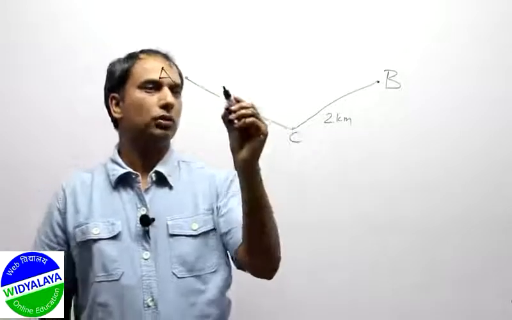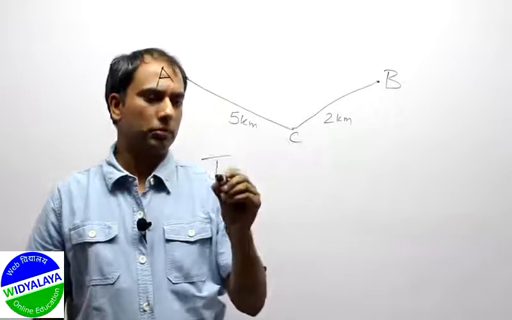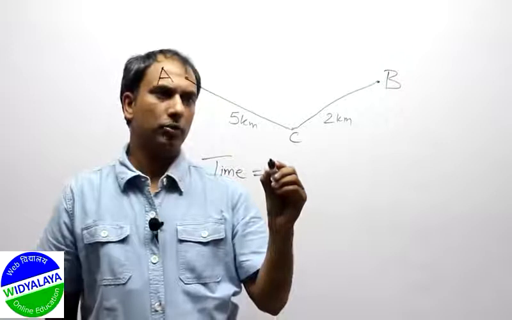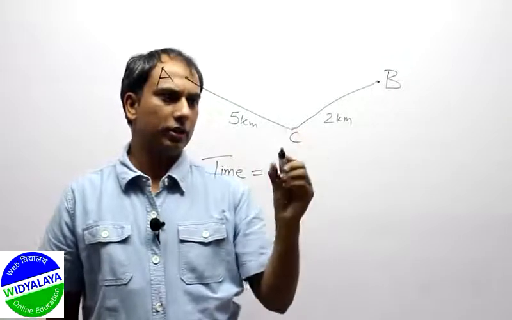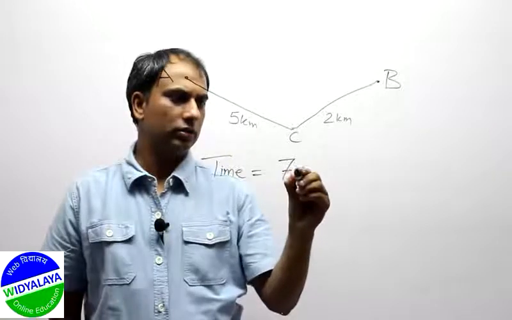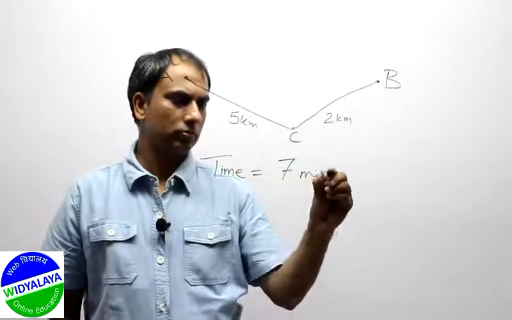So the time it took for that taxi to go from A to B via C is 7 minutes.